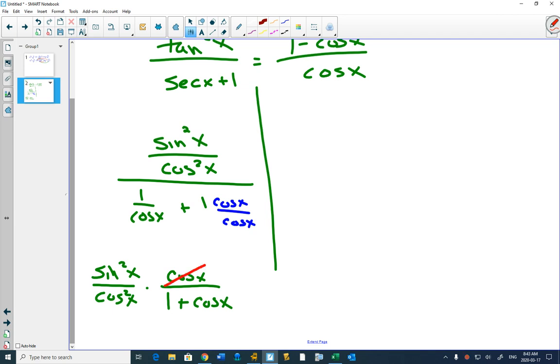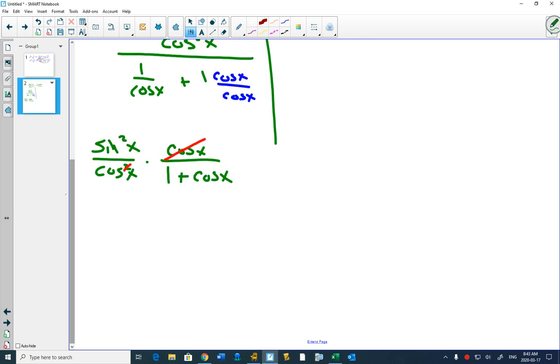Now this cos x will cancel out with one of those cos x's. And so now I'm left with a single fraction on this side, which is cos x times 1 plus cos x.